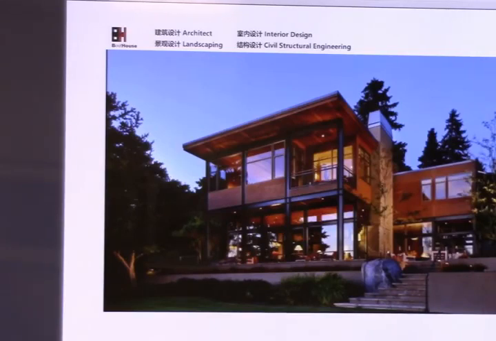But for steel and wood construction, the wall is non-bearing, so they can have any shape. Also, they can have any shape of roof and more span for the roof. This gives you a different shape and different vision for the house.